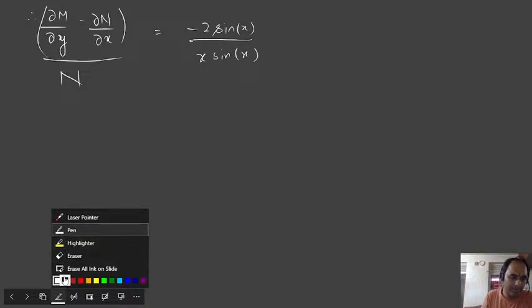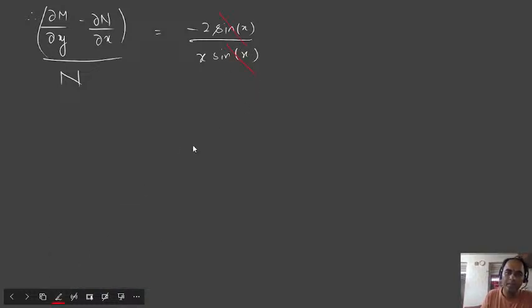So (∂M/∂y minus ∂N/∂x) over capital N gives minus 2 sin x divided by N, which is x sin x. Then we can cancel, and you get minus 2 over x.